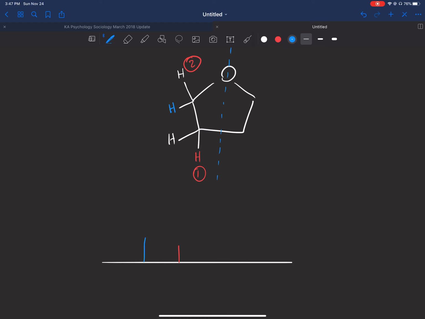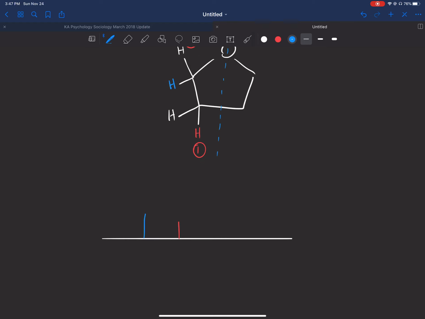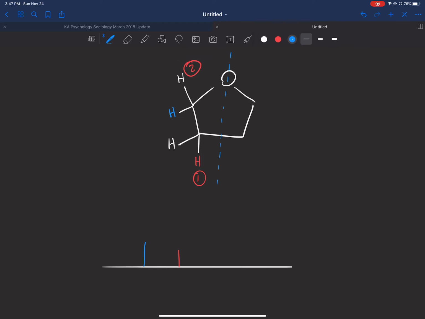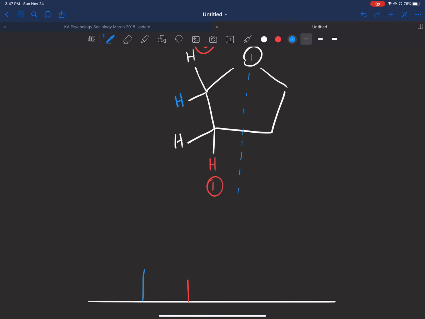Don't focus on anything about downfield or upfield right now. We'll talk about that later. Right now, we're just going to look at the peaks. In CNMR, we would have gotten 2 peaks like that. HNMR is a little bit different. We have to look at the hydrogens next to it. So we're going to focus on the red hydrogen. Now, we cannot look at the hydrogens on that carbon for splitting.